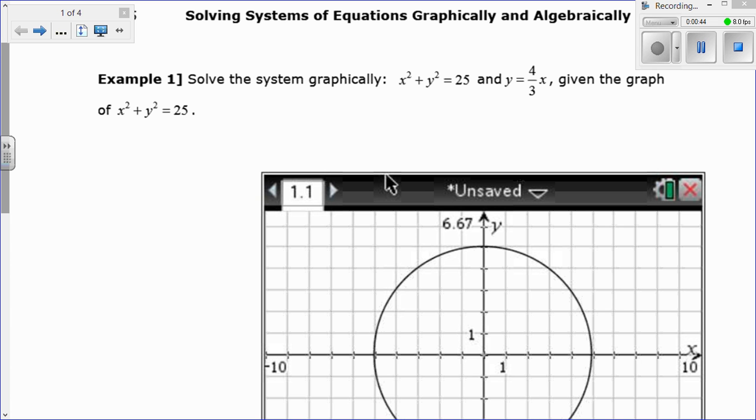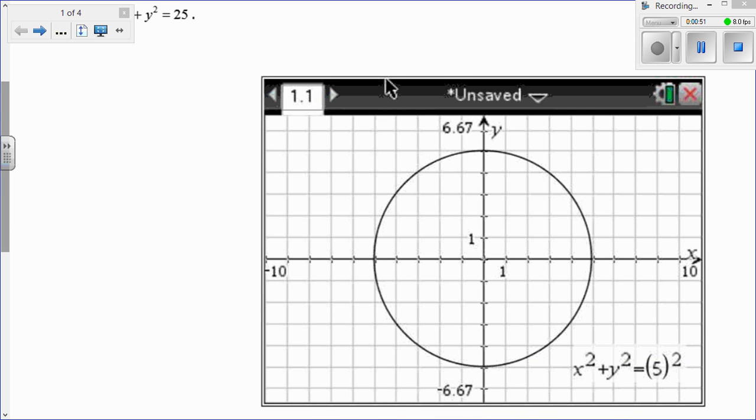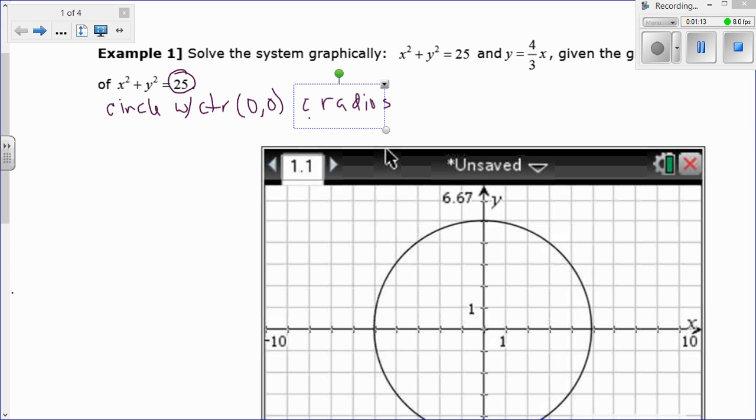Given the graph of x squared plus y squared equals 25, well, that is really just a circle with the center (CTR for center) at 0, 0, because nothing's being added to the x or the y, and a radius of the square root of 25, which is 5.